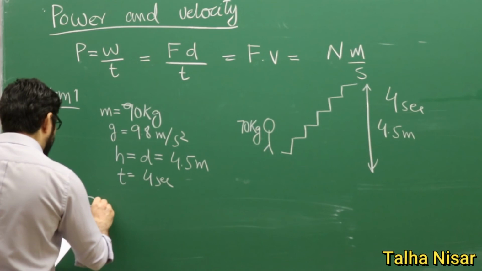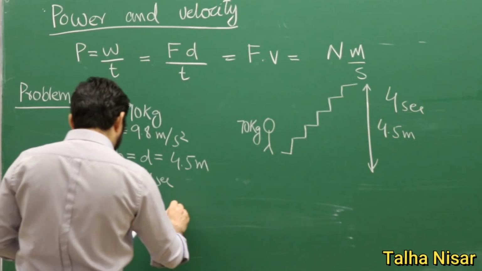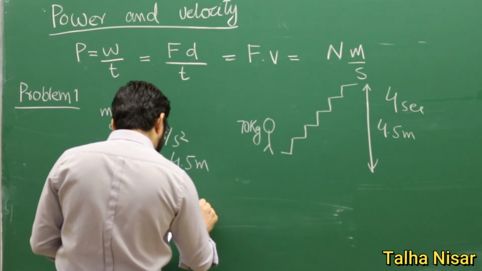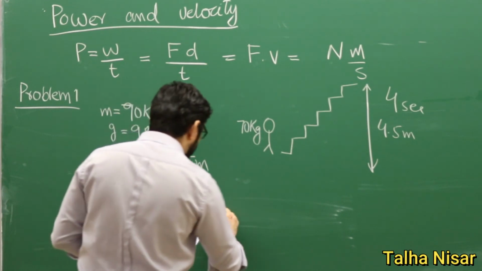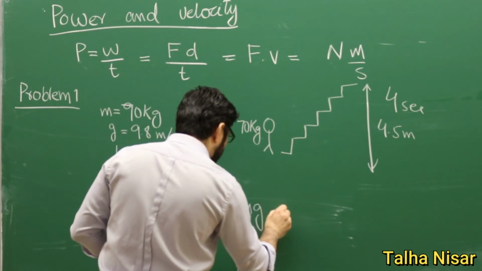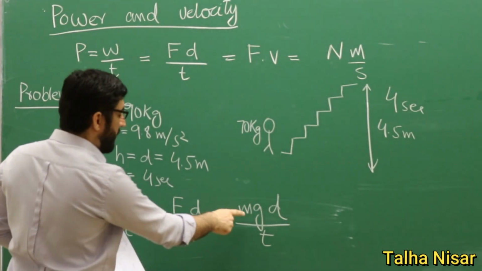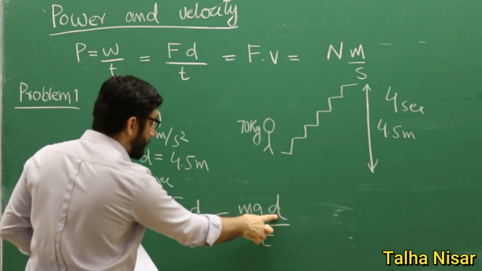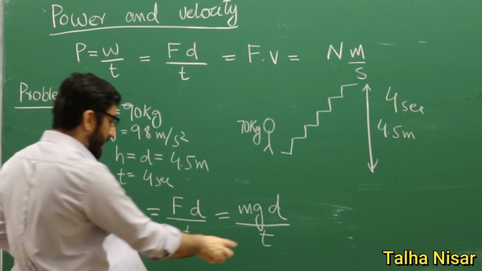So the power is work done divided by time. The power can be written as the force multiplied by the displacement per unit time. The force in this case is the gravitational force, so we have the mass, the gravitational acceleration, the displacement, which is the vertical height of the stairs, and the time.